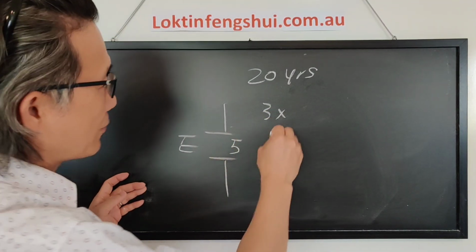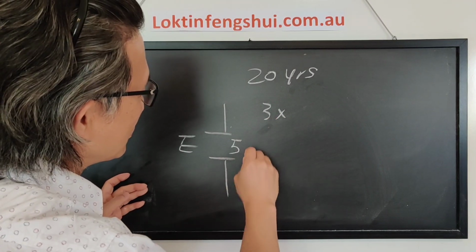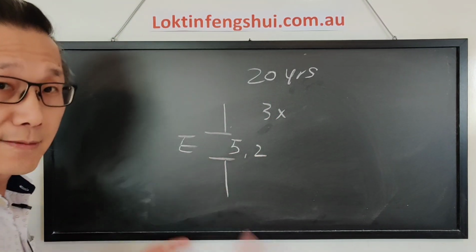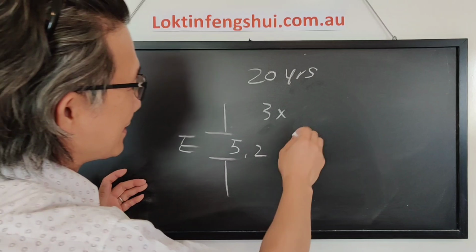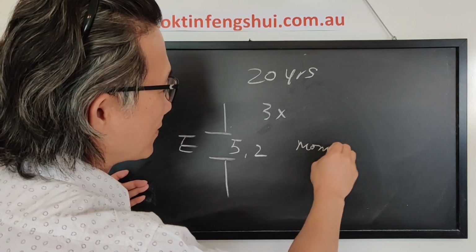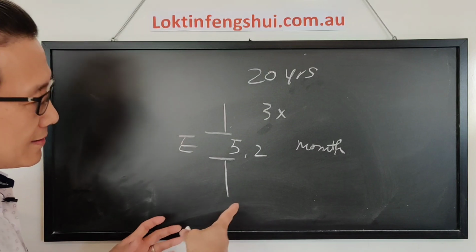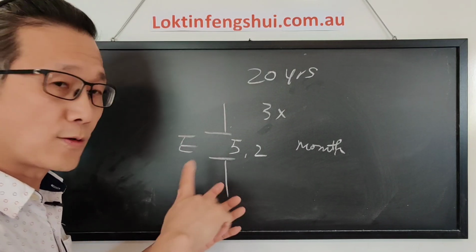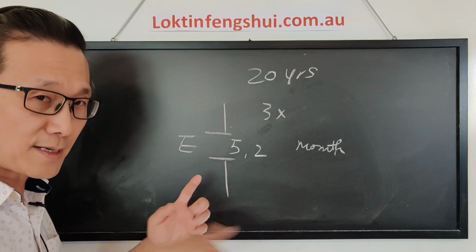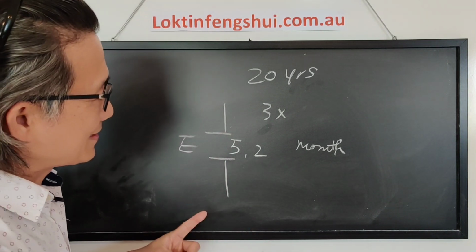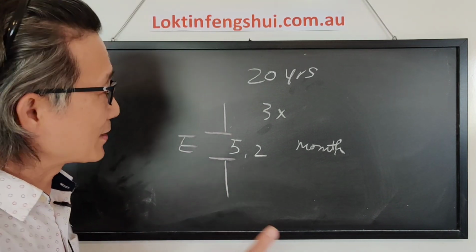And the 2, that will be the 2 and 5, there will be 3 times as well. And plus the monthly star there, then it has sometimes 1 year, maybe twice, sometimes once. So let's say it is once.